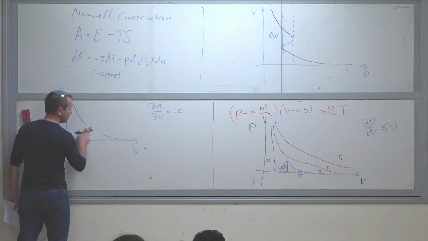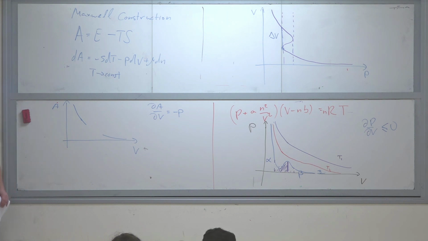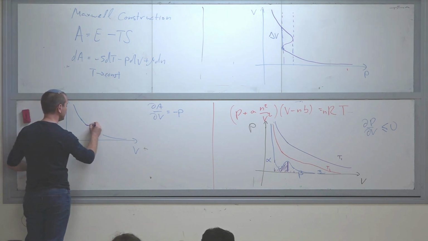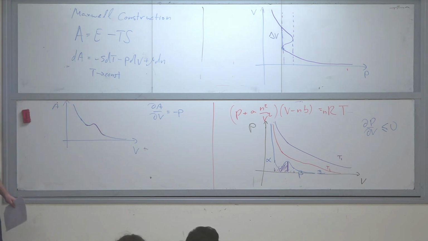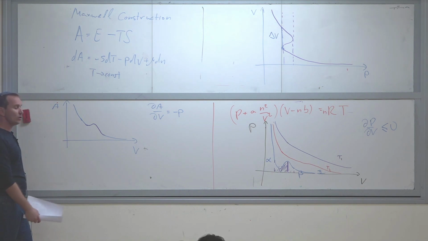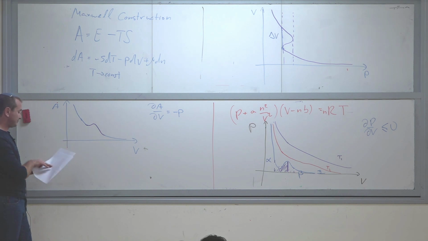So in the region where the phase transition occurs, A will do something like this, by using this formalism of the van der Waals equation, since the pressure with the volume goes up, also A with the volume will not be going down. All right.